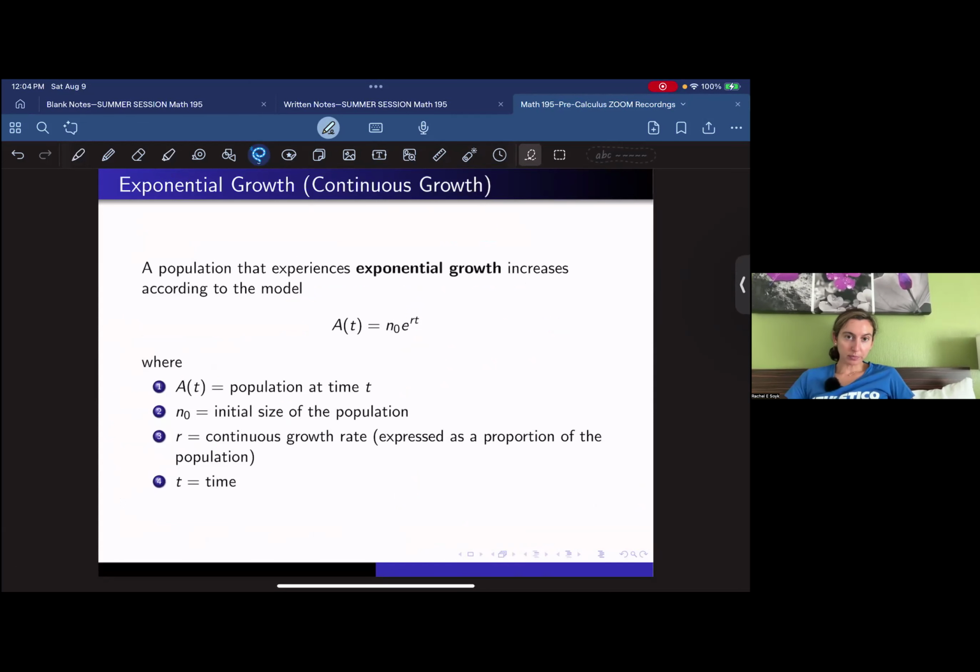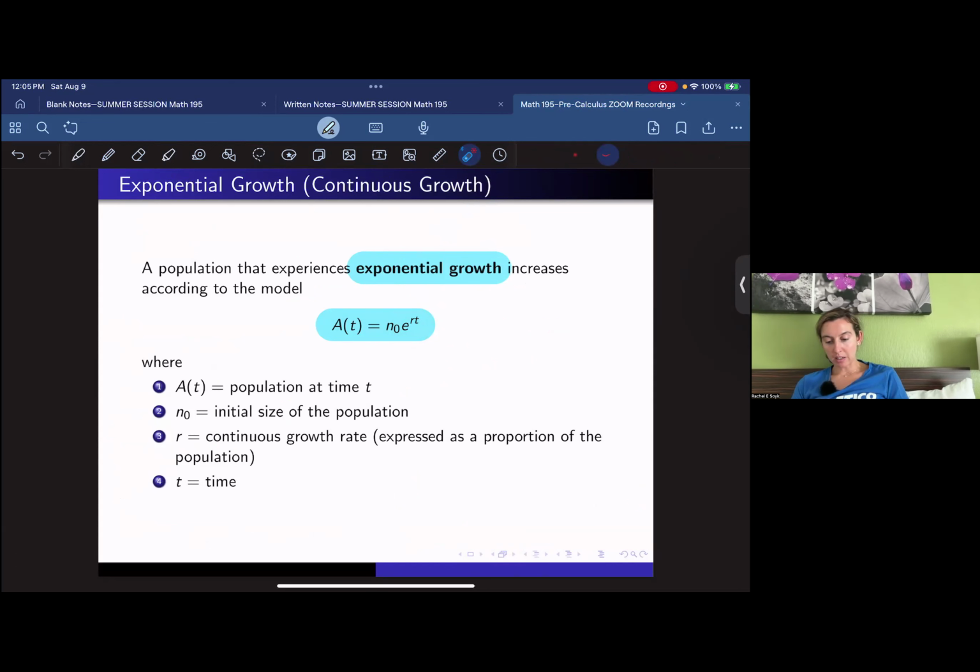All right. So a population that experiences exponential growth increases according to this model. Jumping a little bit away from doubling time now, just dealing with our good old e. So our initial times e to the rt.